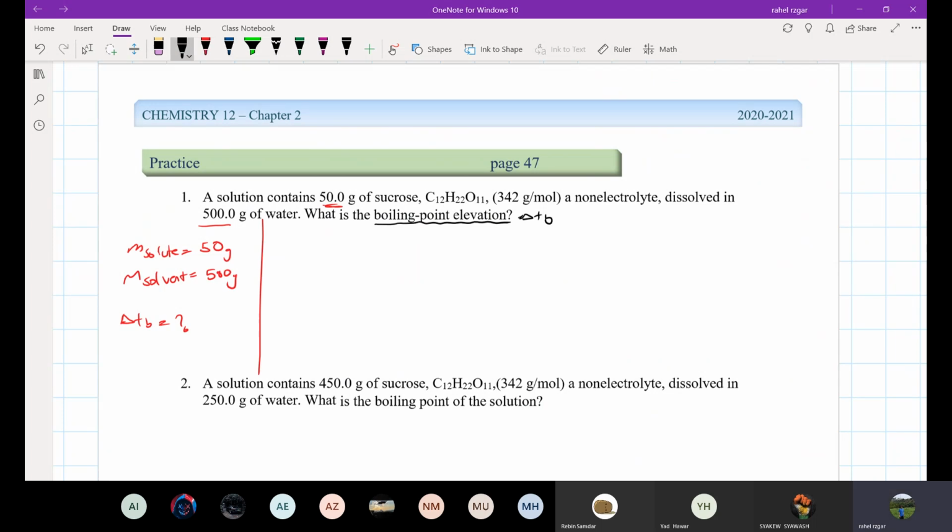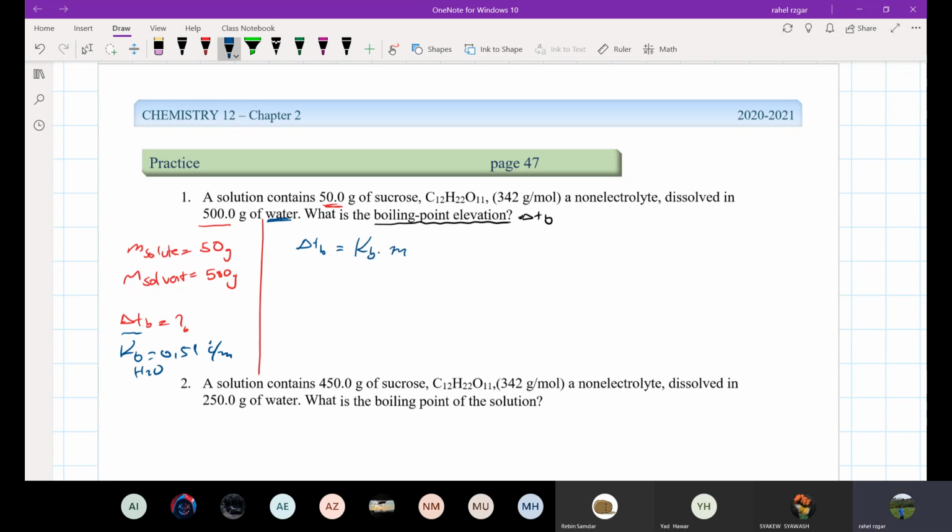Well, just like the previous questions, how do we solve it? It's asking for delta Tb. What is delta Tb? And we know Kb is 0.51 Celsius per molar. Why? Because it's water. Kb of H2O.